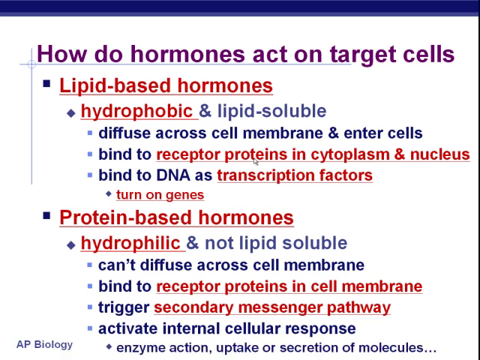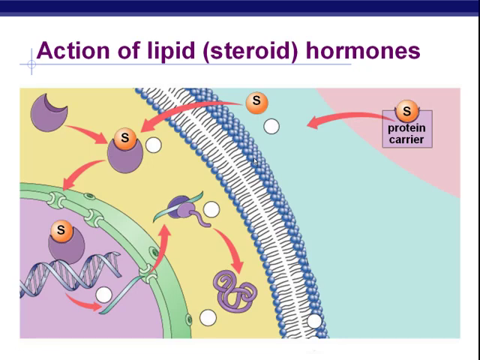Okay, so this slide is showing us the actions of lipid or steroid hormones. So this thing labeled S out here might be estrogen or testosterone, one of those things that looks like cholesterol but is just slightly different. Okay, and we need to set up your diagram here so you understand what you're seeing. So that is the blood that is initially carrying the hormone from its source, wherever it was created, from its endocrine gland.